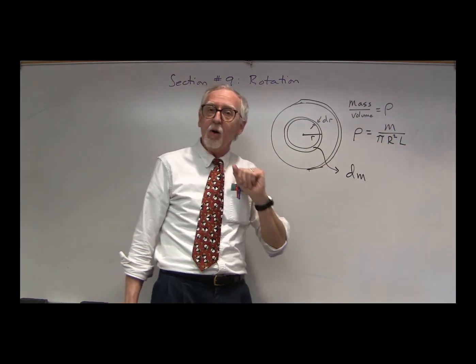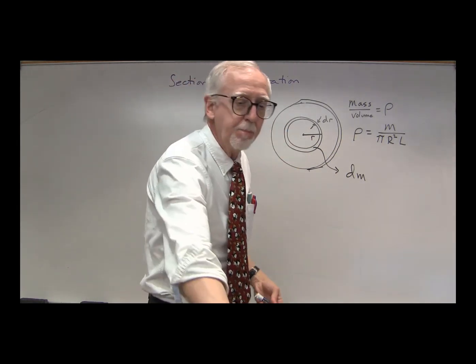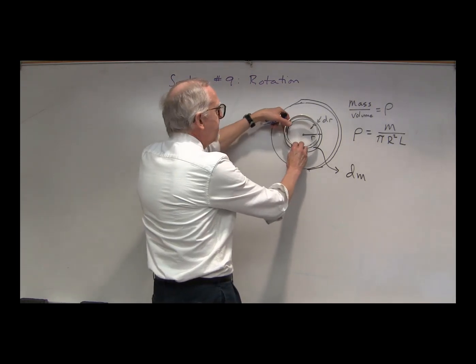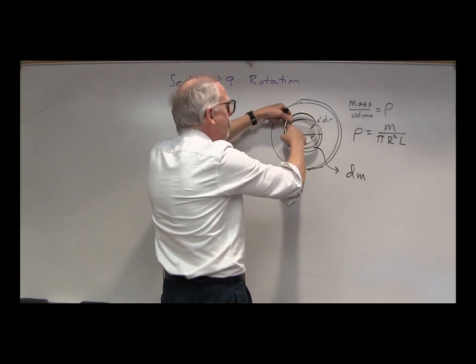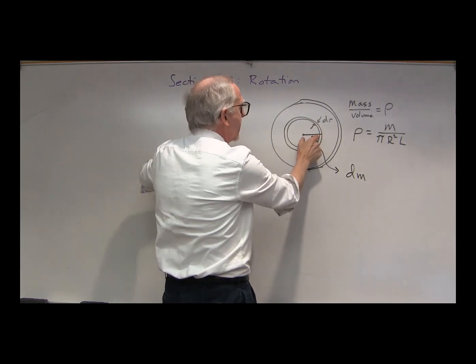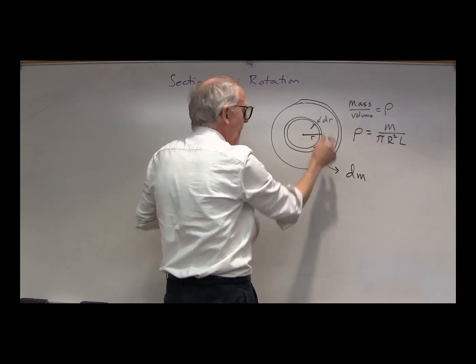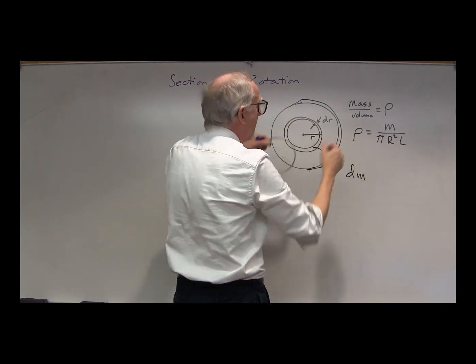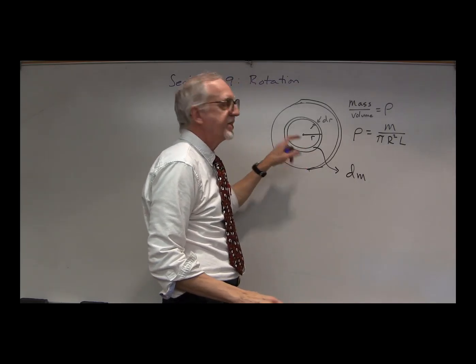Let's see if we can figure out what the moment of inertia is if we break this down into a bunch of hoops. So let's imagine that we take this and we cut it into some very thin hoops of a radius little r and a thickness dr, but then they'll also have a thickness here of L. So what's the mass, dm, of this hoop?